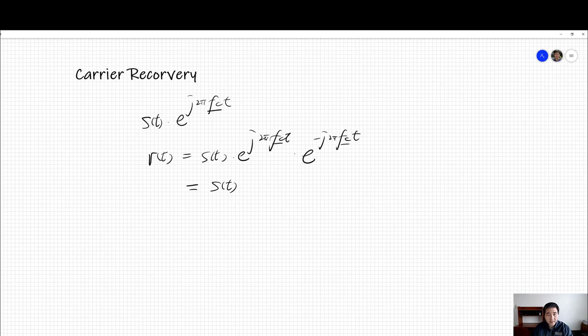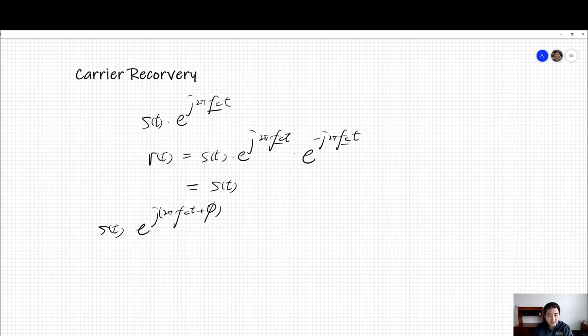For carrier recovery, when we are dealing with a practical system, the transmitted signal will be e to the j 2 pi fc t, but with an arbitrary phase, phi. This phase can be caused by some delay of the device, transmitter delay of the device at the receiver side, and also the delay of propagation through the media.